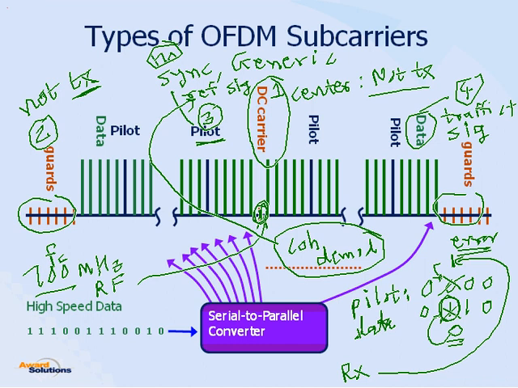Power control also? Power control, no, not on pilot. Even the power control bits are not sent on pilot, but yes, we use the help of the pilot channel to do power control.